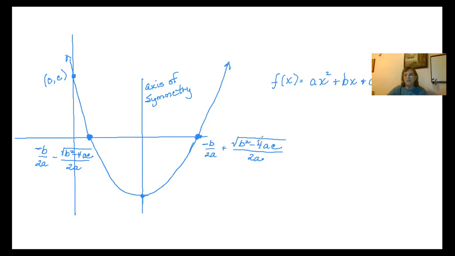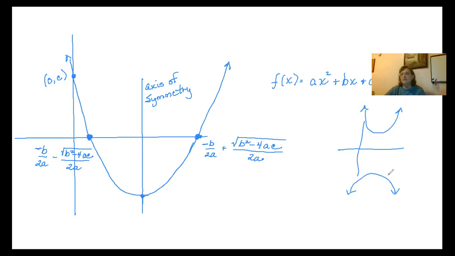If b squared minus 4ac turns out to be a negative number, that means it doesn't have any real x-intercepts. So either it is above the axis and stays there, or it's below the axis forever and it never goes through the x-axis.